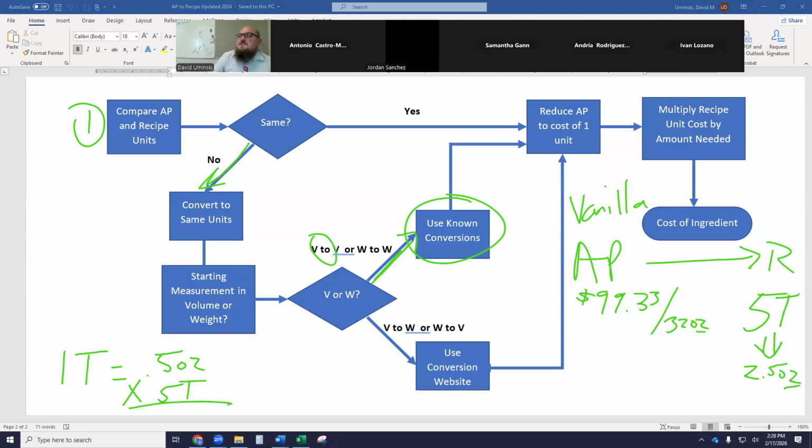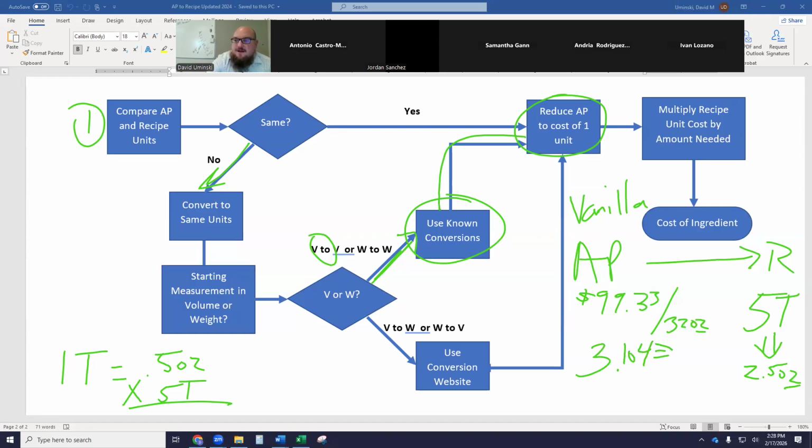Now do my units match? Good. So now we come over here, we reduce the AP cost to 1 unit. So what is 99.33 divided by 32? 3.1. Okay, so we divide that and we get 3.104.